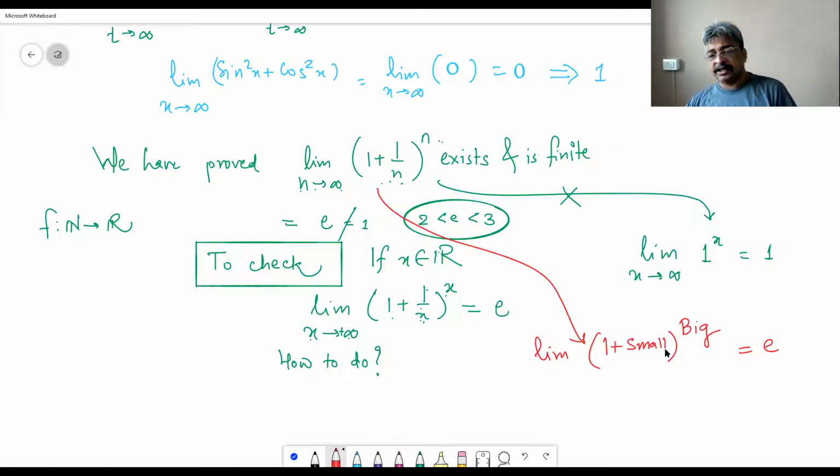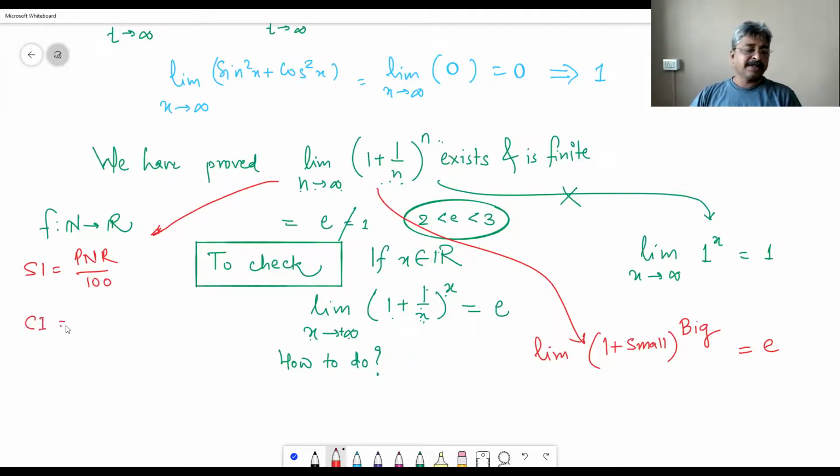Now let me just tell you the application of this. Maybe in 8th standard, whether I have taught you or not, I don't remember. But simple interest is PNR upon 100.